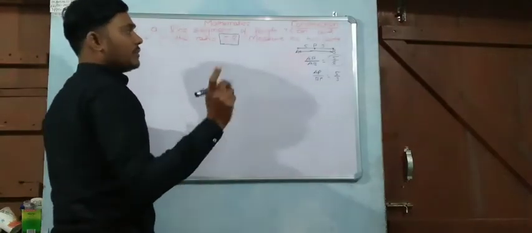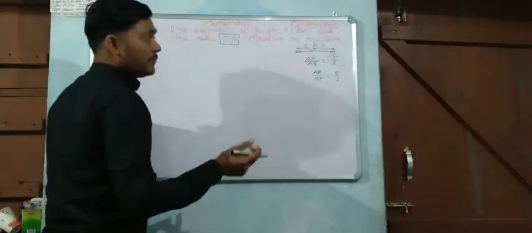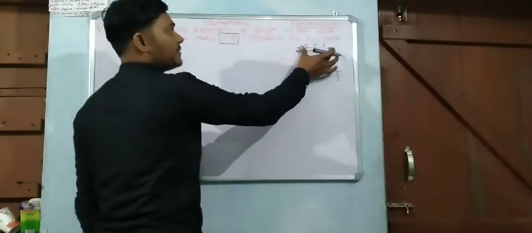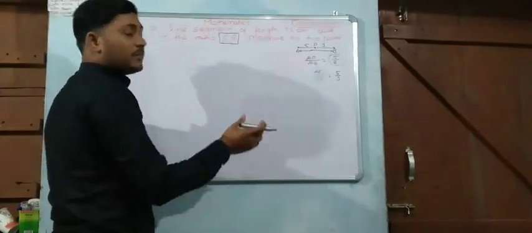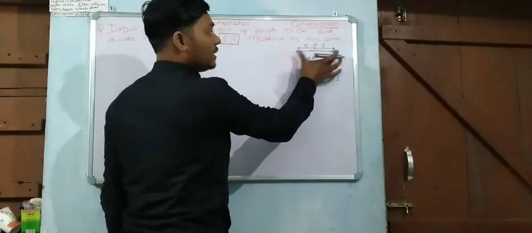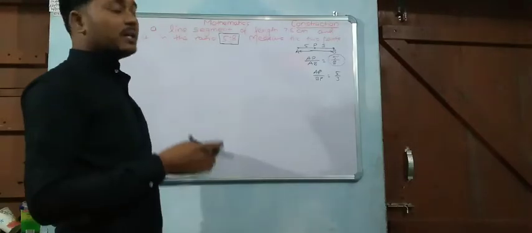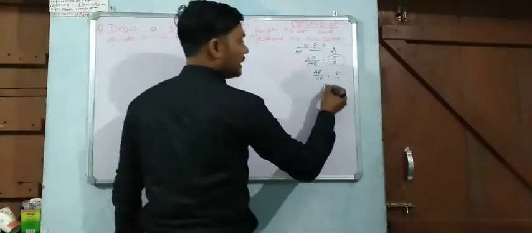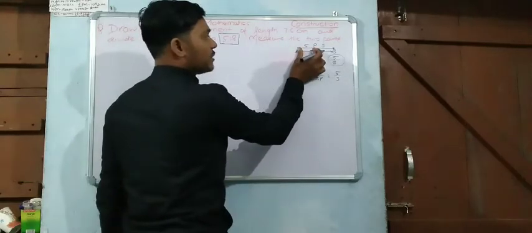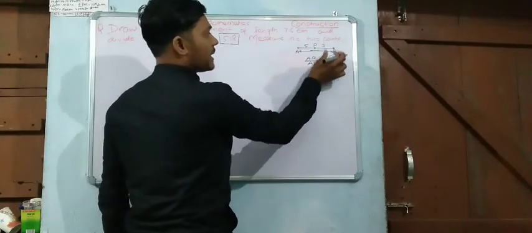Always keep in mind that if P is a point which divides AB, and the question gives AP upon AB, part upon whole, in terms of a fraction, then you convert it into a ratio like this: if this part is 5 and the whole is 8 centimeter, the other part is 3.